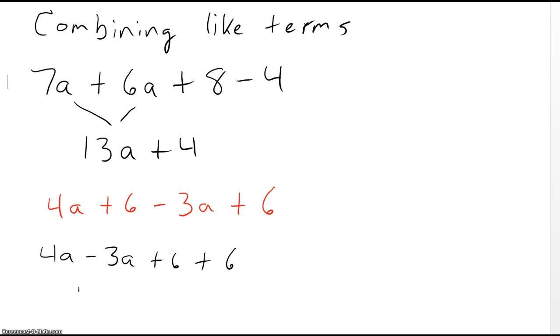Now, these equations can get a little more complicated as you go along, but it's still all the same basic fundamental algebra steps to be able to get this together.